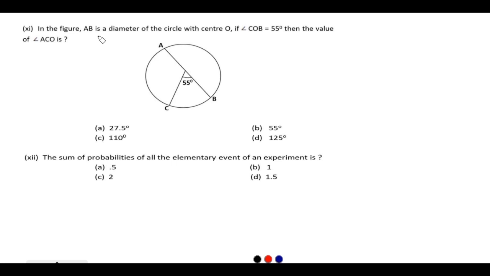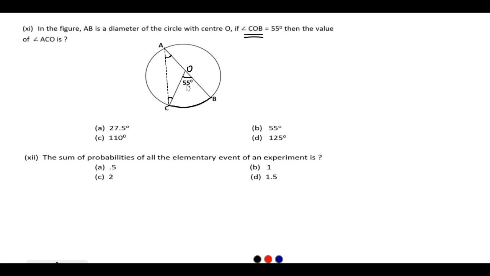Next, in the figure AB is the diameter of a circle with center O. If angle COB is 55 degree, then find the value of angle ACO. Now, this angle is 55 degree and this will be half of 55, because if we consider the arc BC, then the angle subtended at the center is 55 and the angle subtended at the circumference is angle CAB.